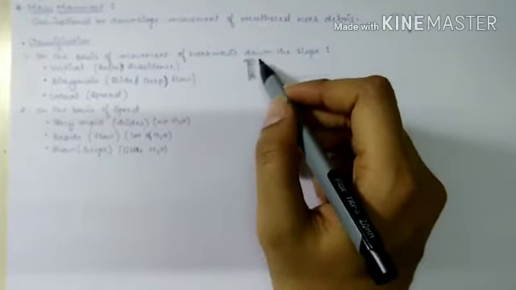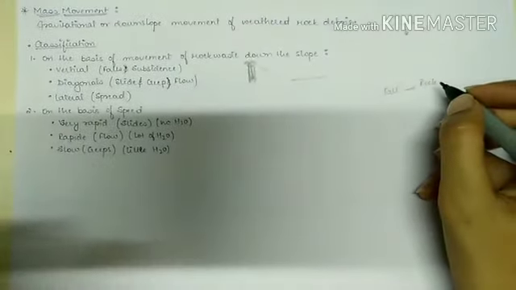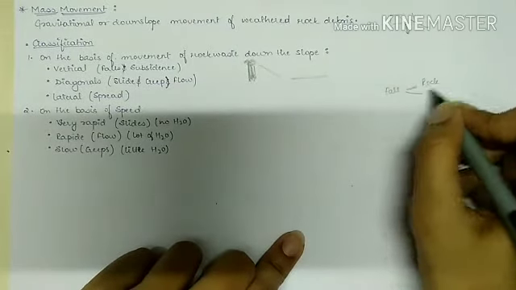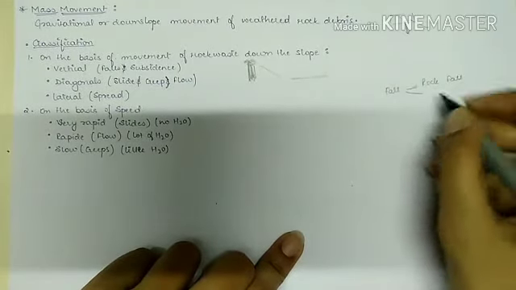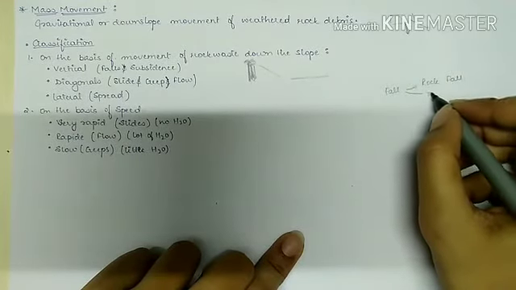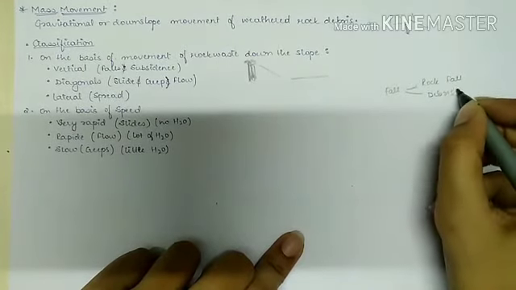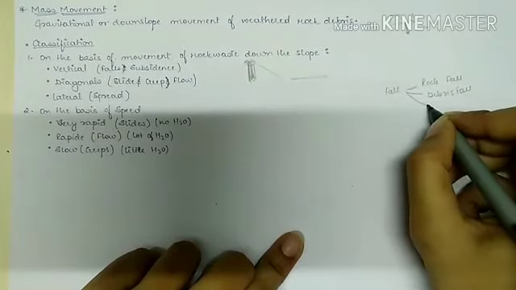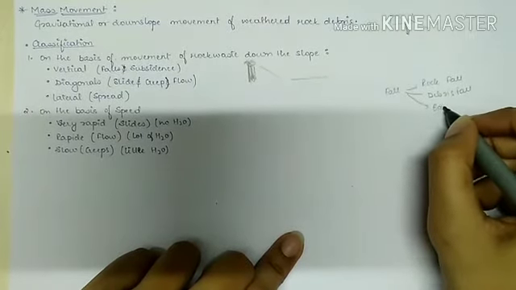So the fall is of three types. First is rock fall, second is debris fall, and the last one is earthfall.